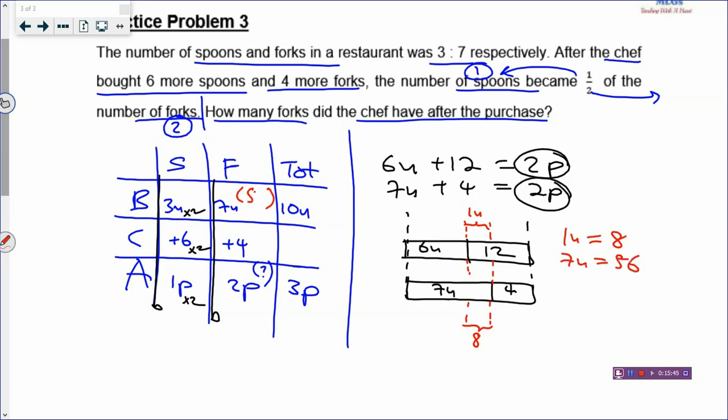So you put down 56, and then later you plus 4, and you get 60. And that's how you get how many forks after the purchase. So you solve the problem. So do write down your steps to show how you get 60. So 56 plus 4 equals 60. And that's how you use a table to solve problems like this.